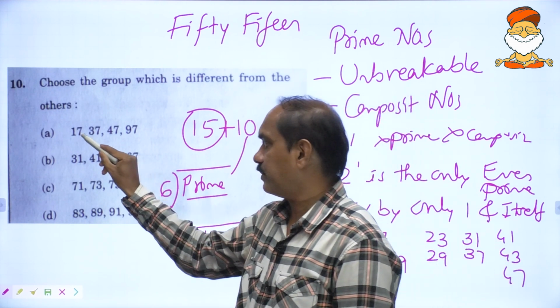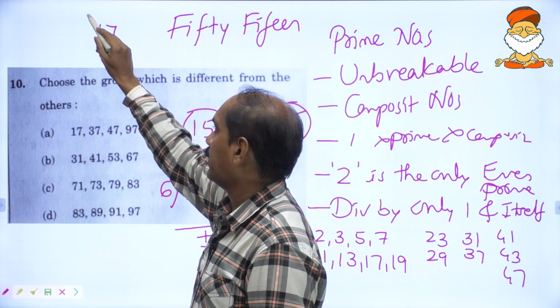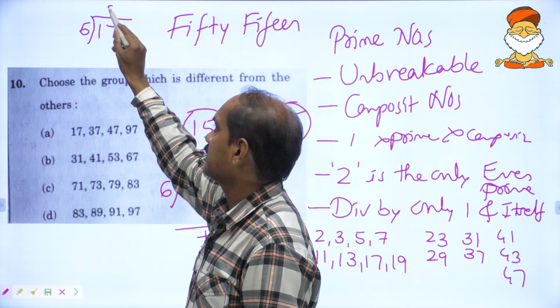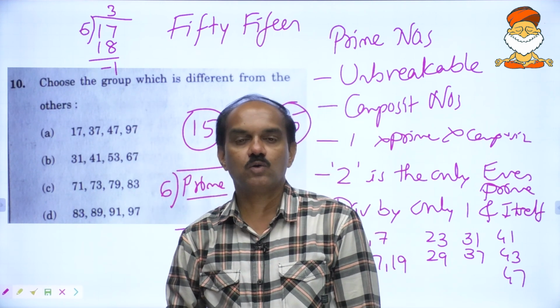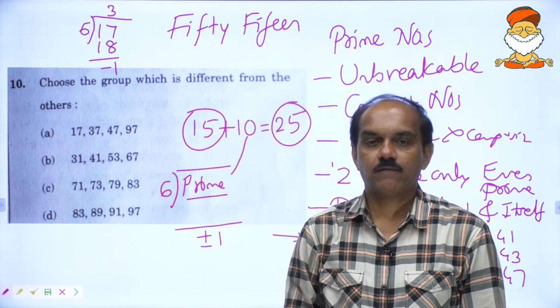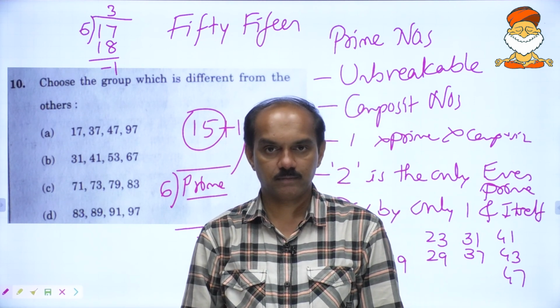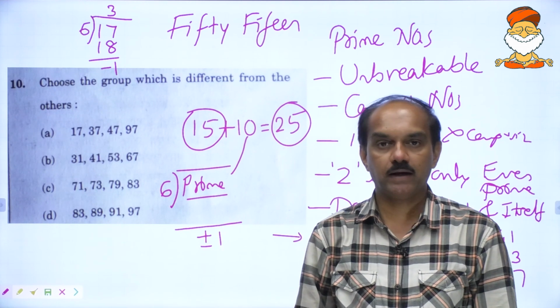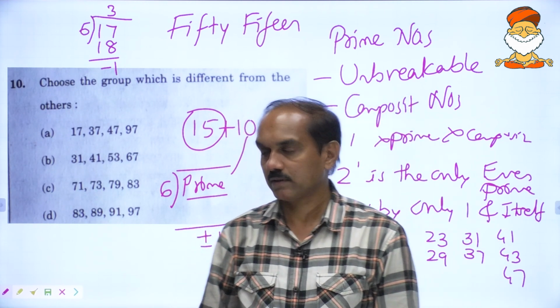I will give one simple example here. 17 is prime. Divide 17 by 6. 6 3s are 18, minus 1. So you will be left with either plus 1 or minus 1 as the remainder whenever you divide a prime number by 6. Right?